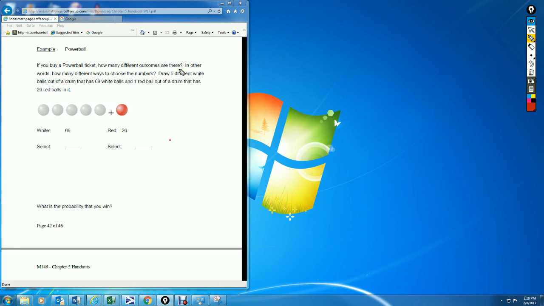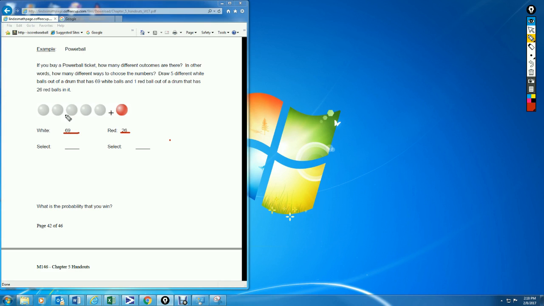So, how many different outcomes are there? How many different ways to choose the numbers? Draw 5 different white balls out of a drum that is numbered 1 through 69, okay? And then draw 1 red ball that is numbered 1 through 26, okay?